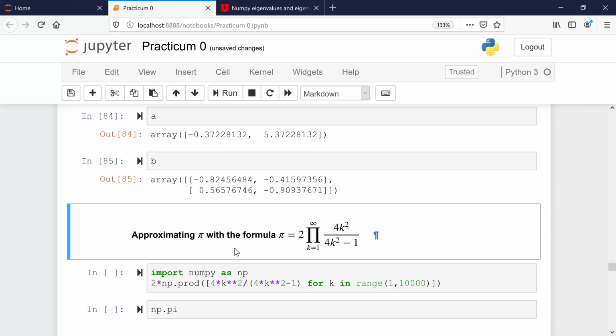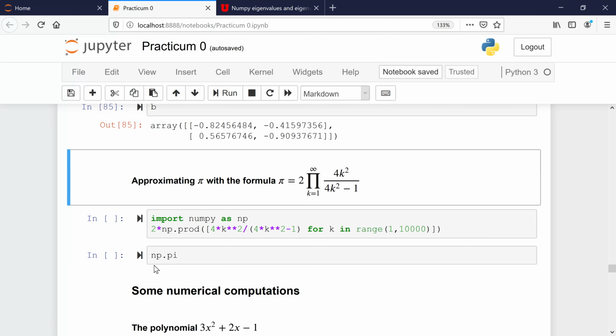Now, I took this next example from the SciPy lectures. This is just a formula for approximating pi, but it's not the best formula. I just wanted to test it. As I told you, in many cases we can avoid writing loops because loops take more time than the built-in functions.